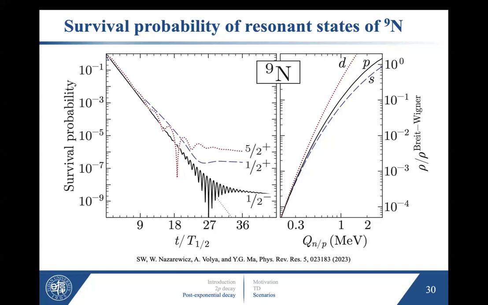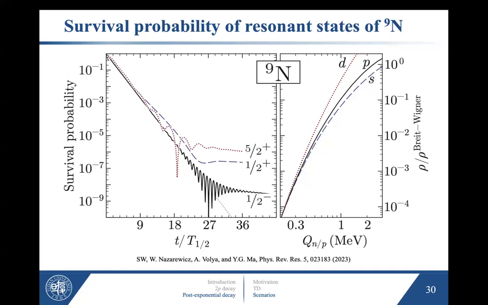This will result in different centrifugal barriers, and moreover, the threshold behavior will be different. It will be channel dependent. So each channel will have a slightly different line shape compared to the Breit-Wigner type.